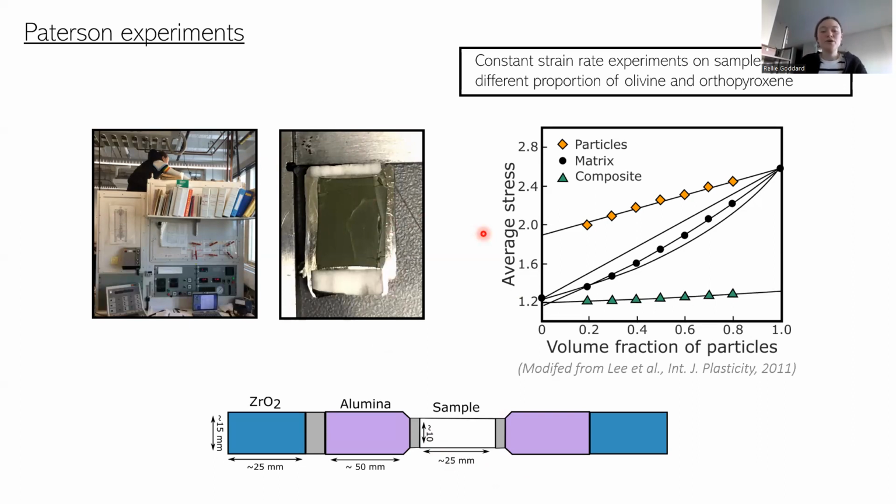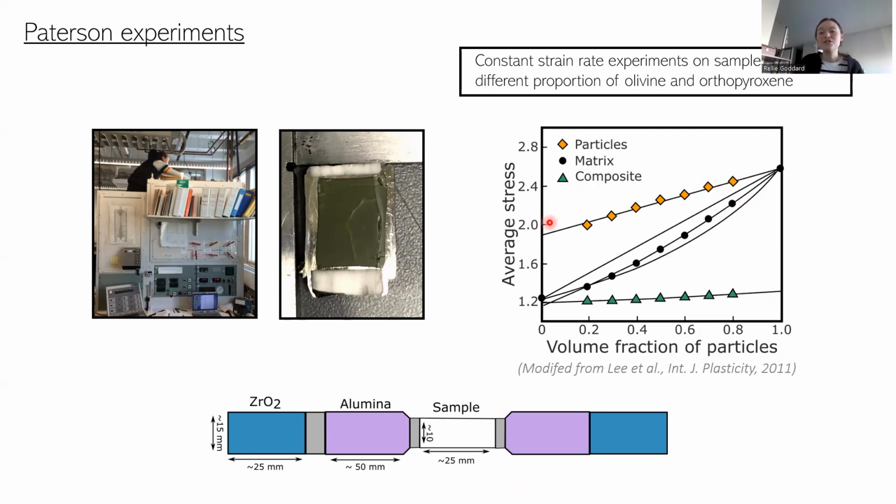And so what I wanted to do here is explore models of stress partitioning at constant strain rate. This is a schematic from Li et al. in 2011, and it shows the average stress experienced by a sample versus the volume fraction of particles. In black, you can see their matrix or their average bulk stress.